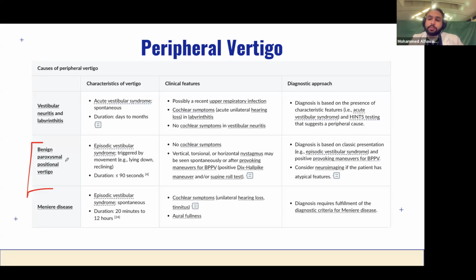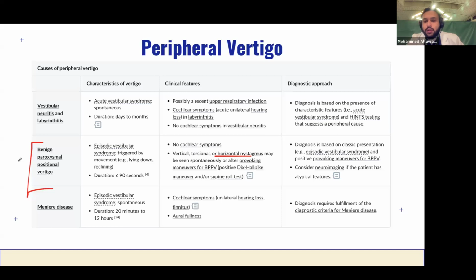How does it present? Usually someone telling you that when I move, I get vertigo. And then you might also get nystagmus, which is usually horizontal. Don't ignore this. And it usually resolves around 1 minute.